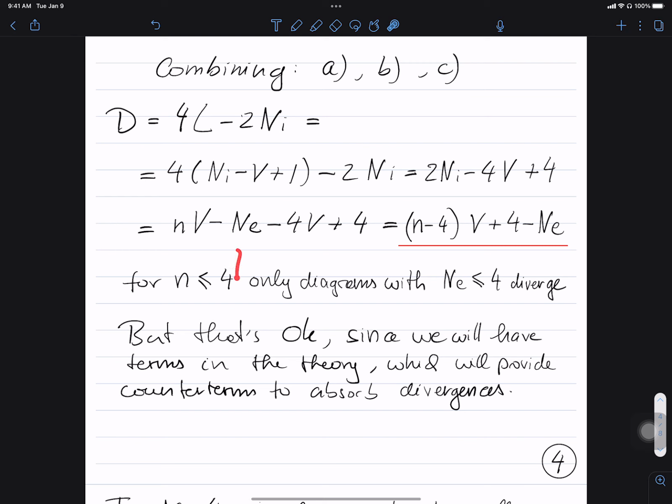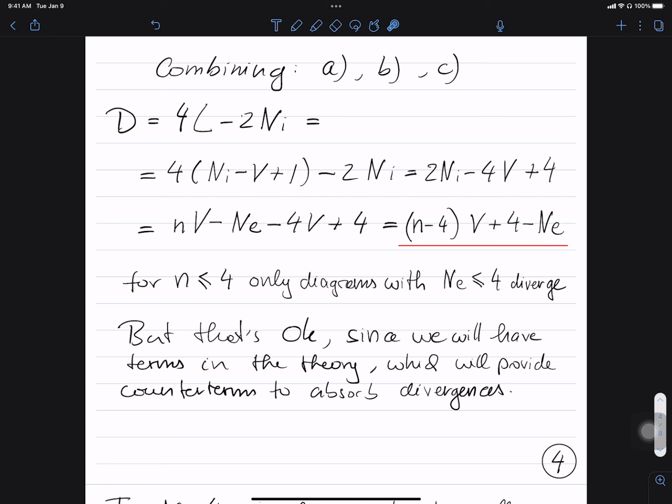So we actually observe that for n smaller or equal to 4, the phi interactions that have only, well, phi to the 1 is quite rare, but maybe also 1, 2, 3, 4 powers, only diagrams with 4 or fewer external lines diverge.